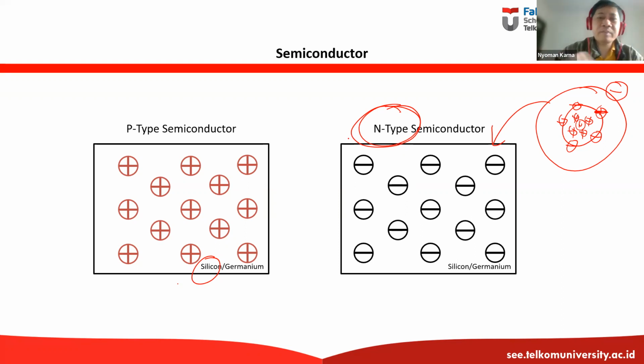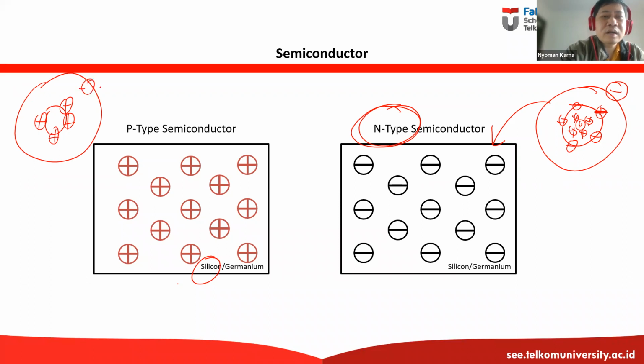But in the P-type semiconductor, let's say I have 4 protons and it's supposed to also have 4 electrons. And then I take out one electron. So the atom will be a positive ion.